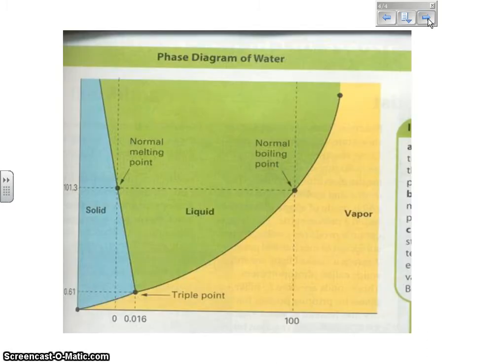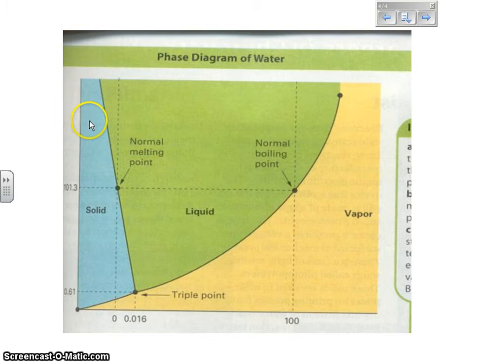All right, and here is this phase change diagram. Here you see 0.61. That is pressure on the left. Down here is temperature. Okay, and here's the triple point, which we just talked about. Now, normal melting point of a solid takes place at 101.3. Now, this is of water, so that would be ice over here.